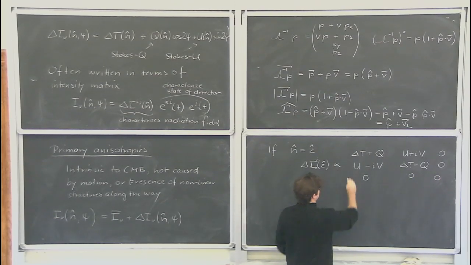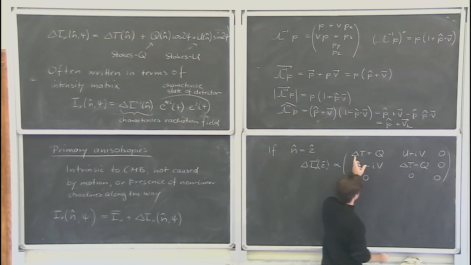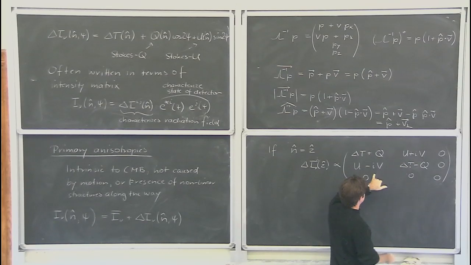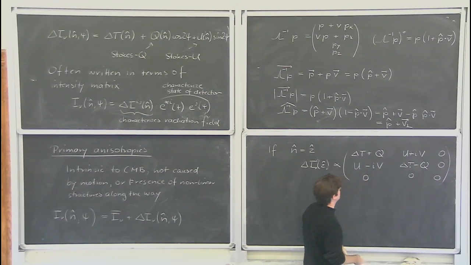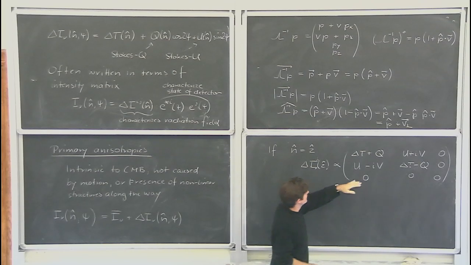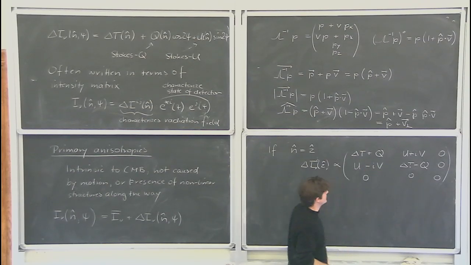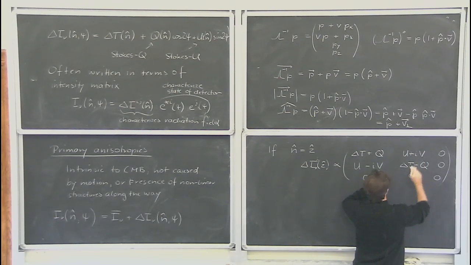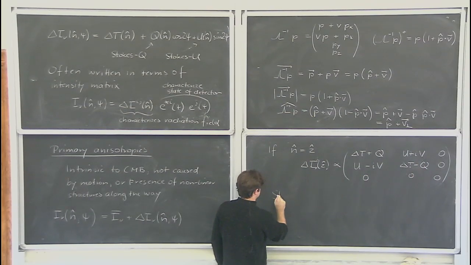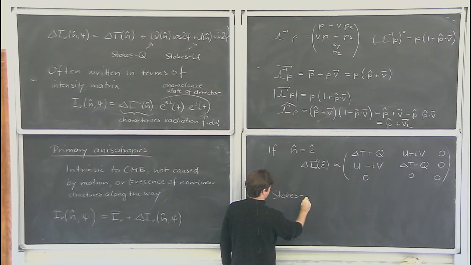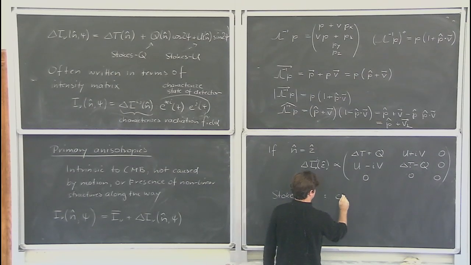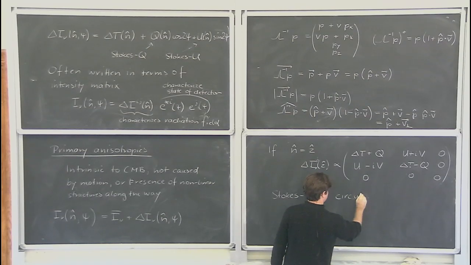And then you see that the trace of the intensity matrix is related to the temperature perturbation, and the Stokes Q and U parameters are components of a symmetric 2 tensor on the 2 sphere, and there's an additional one which is Stokes V, which is not usually discussed much because it corresponds to a circular polarization.